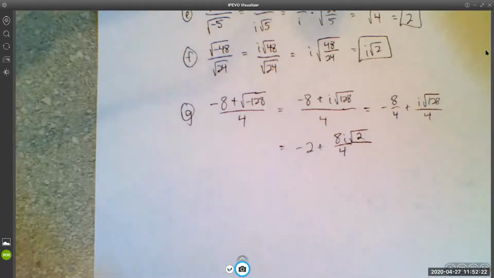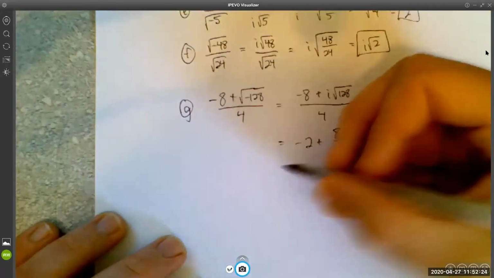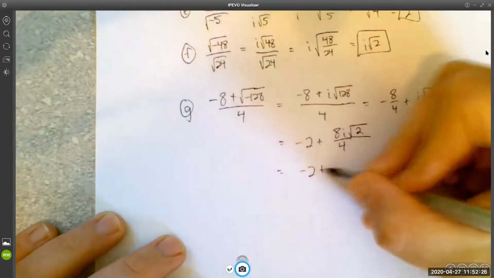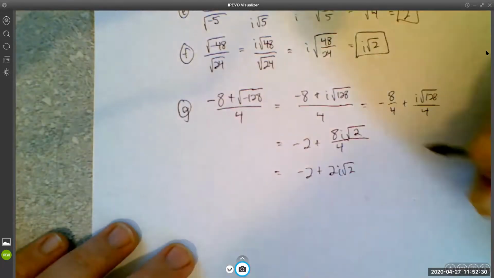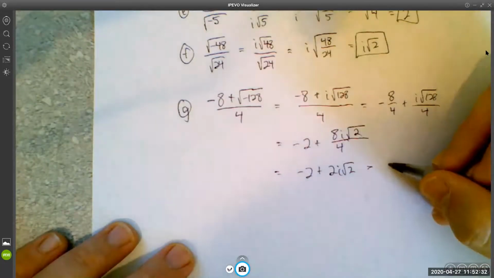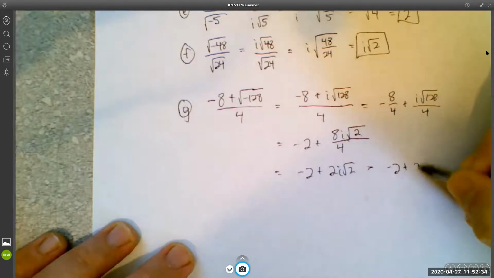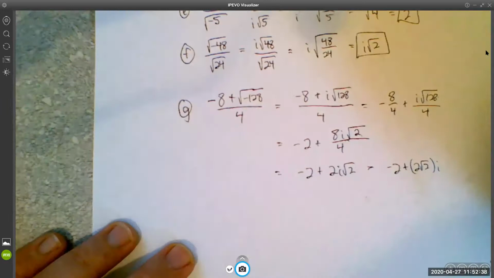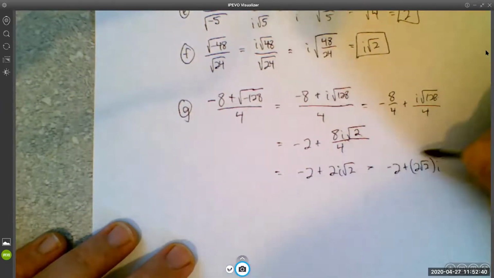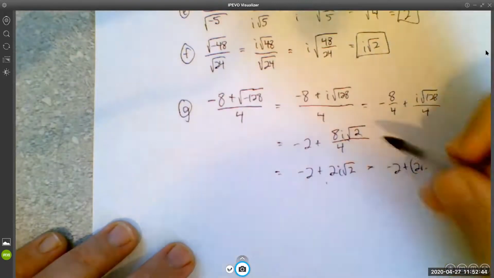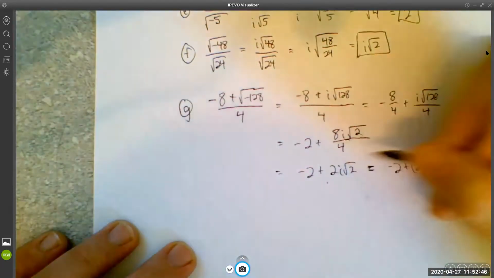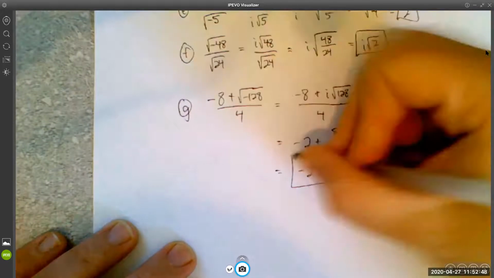So one more step, and then I think we're there. So this is negative 2 plus 2i root 2. That would be a good way to write down the number. I would prefer it to be like this, negative 2 plus 2 root 2 i. I think this looks nicer. This is in the form a plus bi, and this is how your book's going to have the answer. Either one of these would be fine as your final answer here.